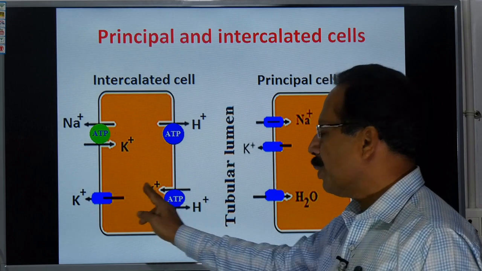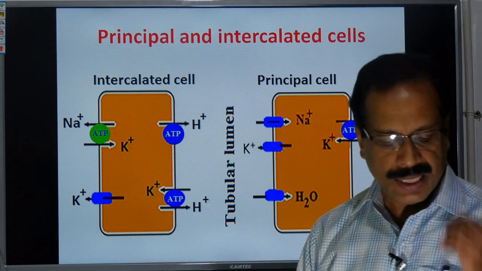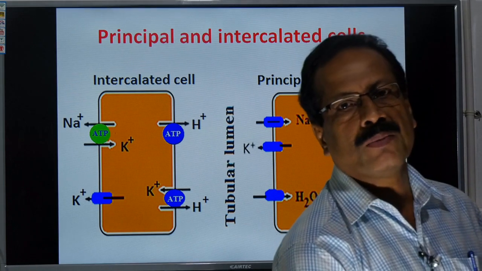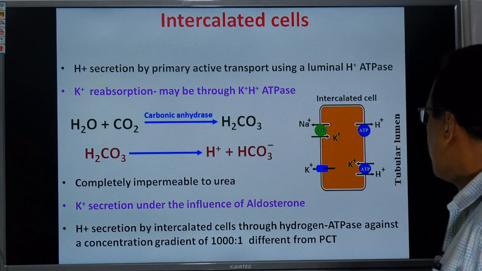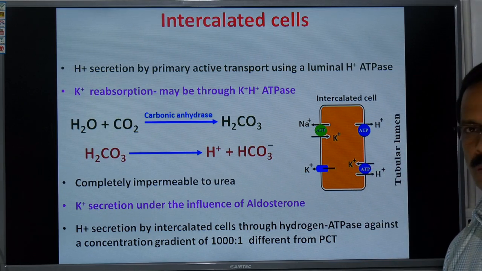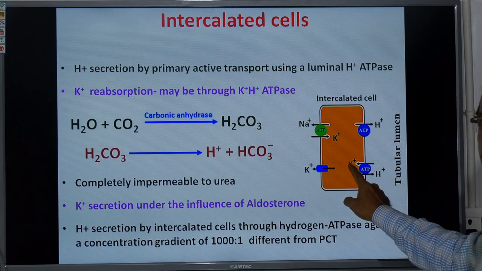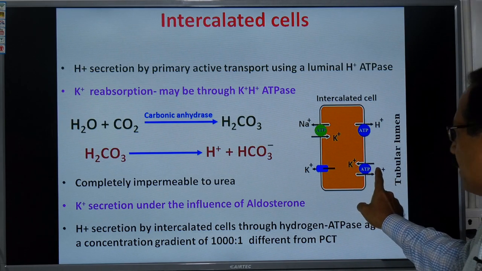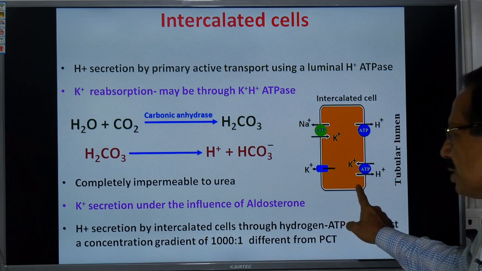A large amount of potassium is reabsorbed by the intercalated cell, but the exact mechanism of reabsorption of potassium by the intercalated cell is not known. It might be through this H plus K plus ATPase, active transport, when H plus is secreted and potassium is reabsorbed. K plus H plus ATPase exchanger.